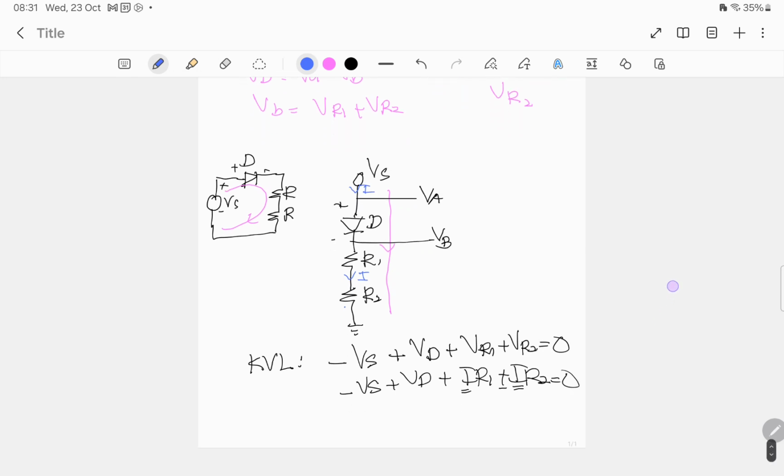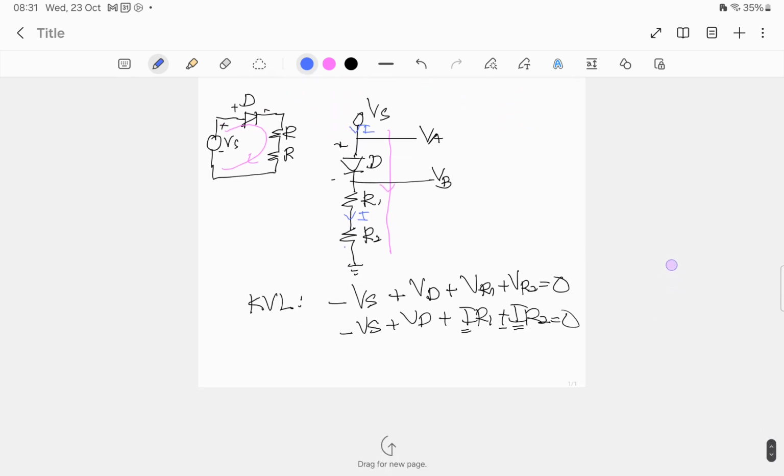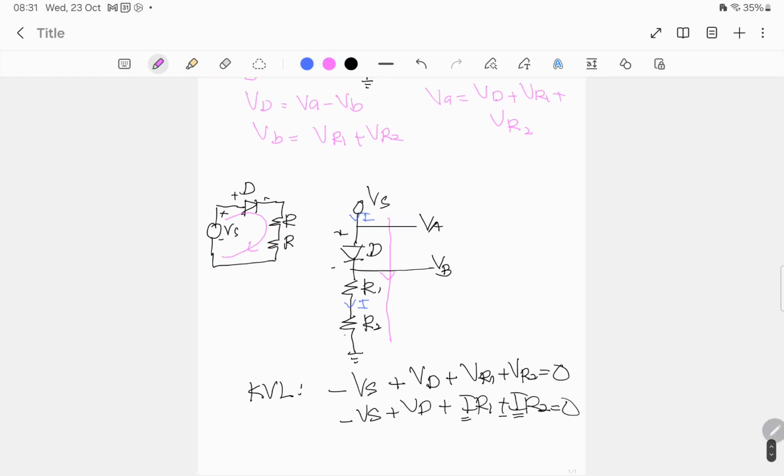Alright, can you give me the voltage in the middle here? Let's say it is VD. What is VD? VD equals VA minus VB, because VD is the voltage drop between node A and node B, or VD is actually the voltage across the diode.